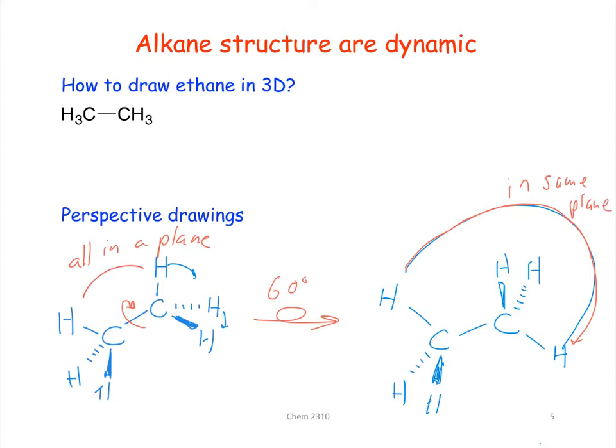Okay, so all I've done is rotate one of these a little bit. So we could say, for example, this hydrogen that I'm circling here, I just rotated a little bit down, so it's now in the plane, right?